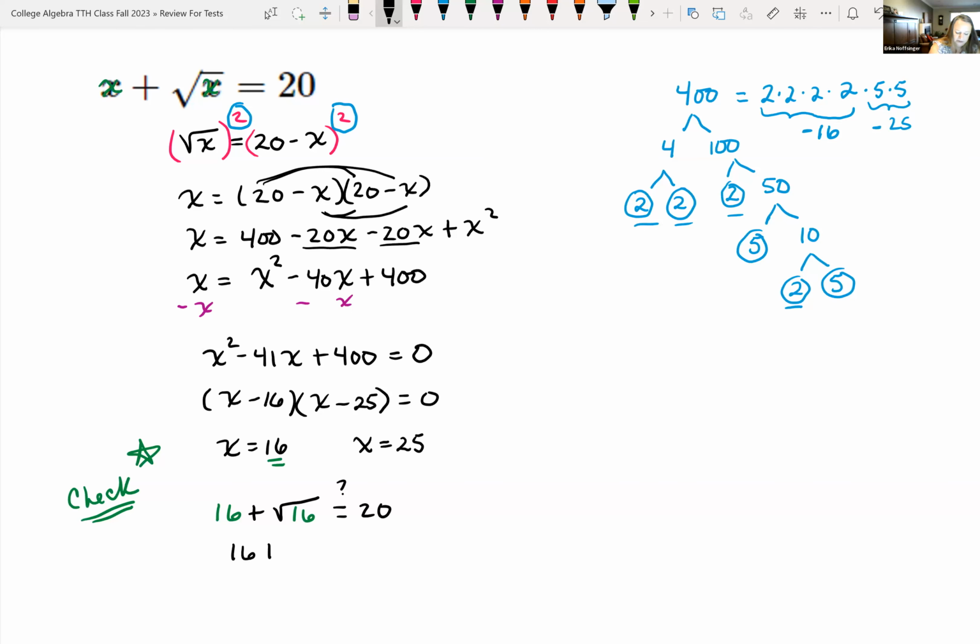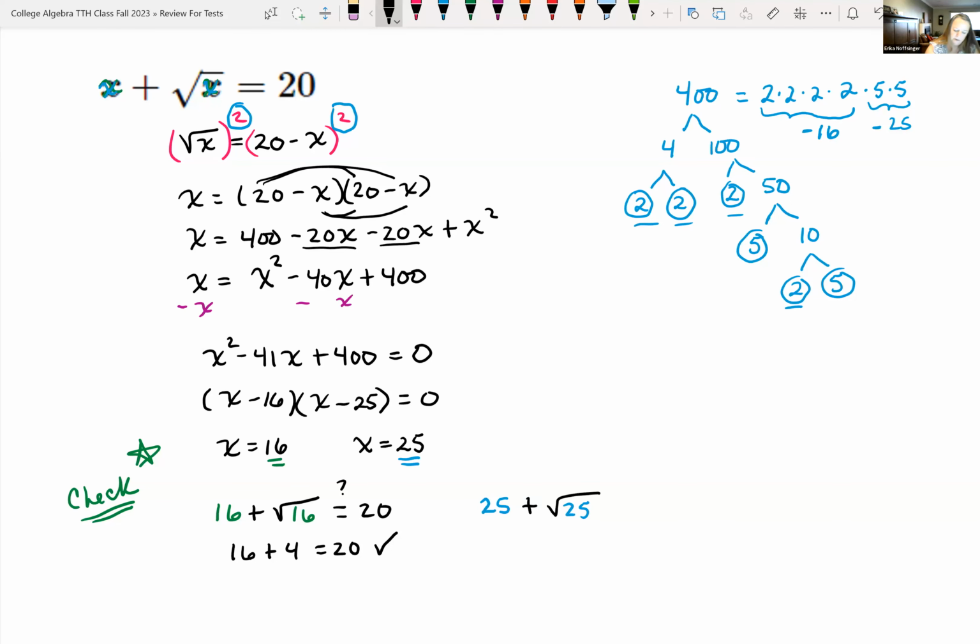Well, 16 plus square root of 16 is 4. That is equal to 20. So 16 is a solution. So now let's go in and let's plug in 25 wherever we see an x in our equation. And so we get 25 plus the square root of 25.